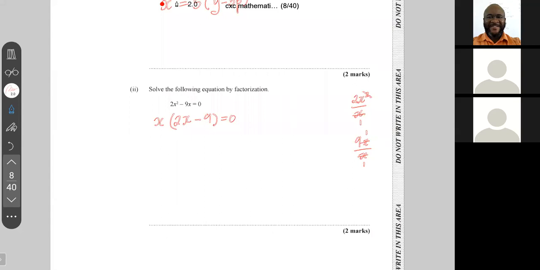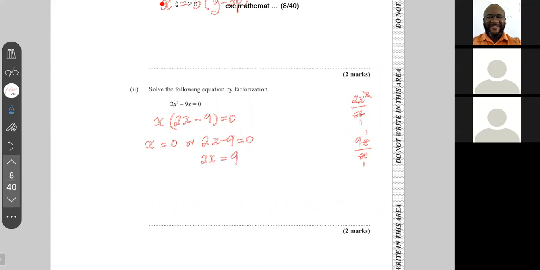Ladies and gentlemen, if I'm multiplying two numbers and I'm getting 0, it is either the first number is equal to 0 or the second number is equal to 0. Stay with me. So now we have 2x minus 9 equals 0, so 2x is equal to 9.